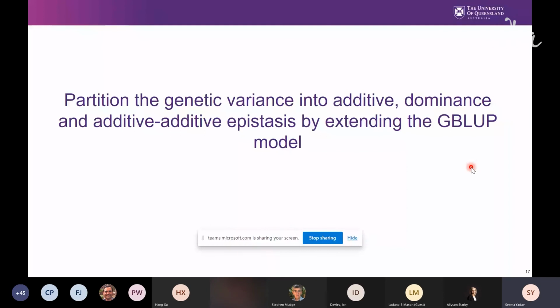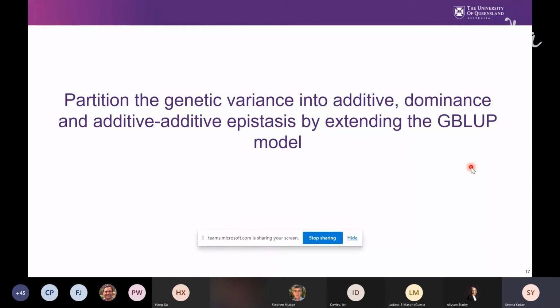So my objective for this study is to partition the genetic variance, basically into additive and non-additive genetic effects, by extending the GBLUP model, because we now have high density SNP markers, which makes it feasible.